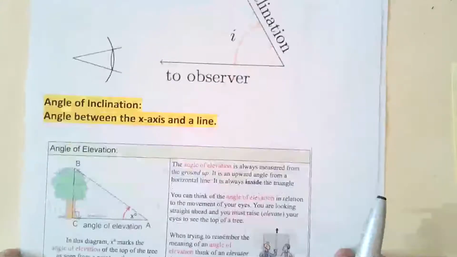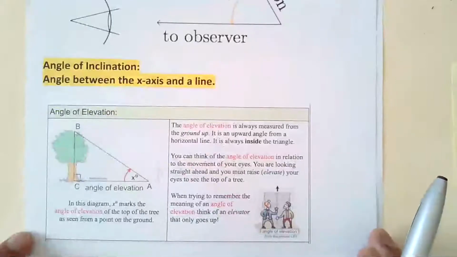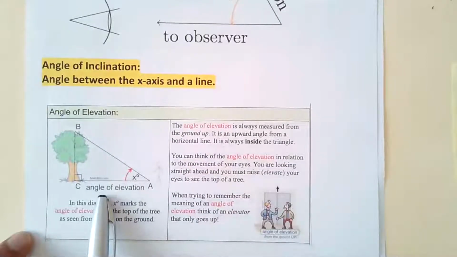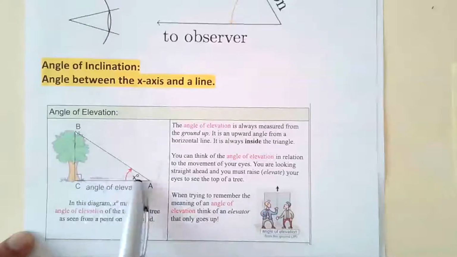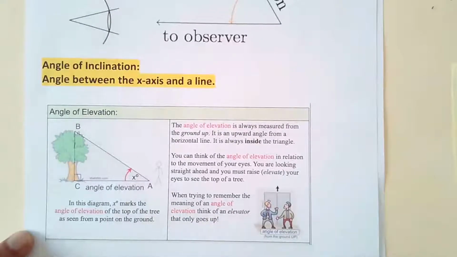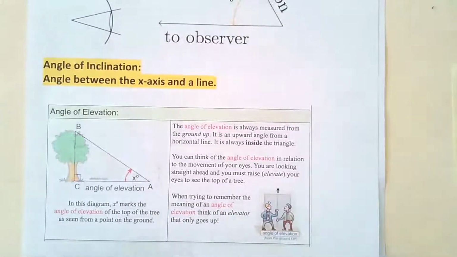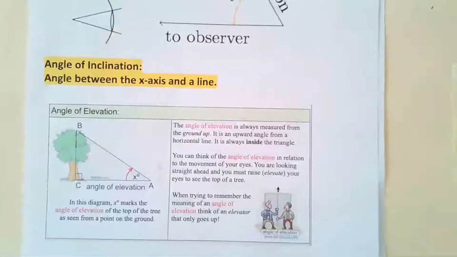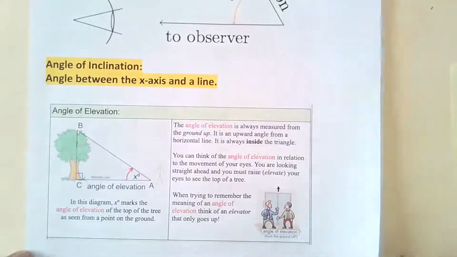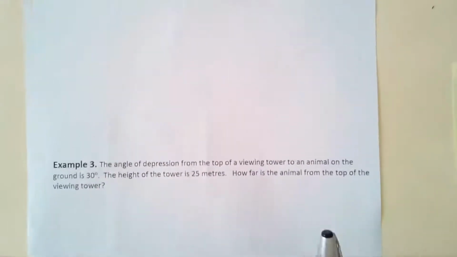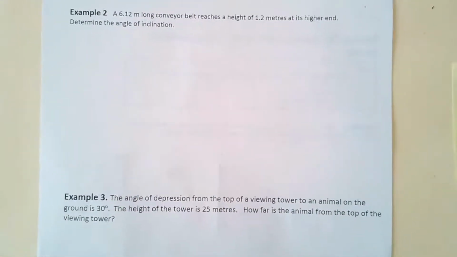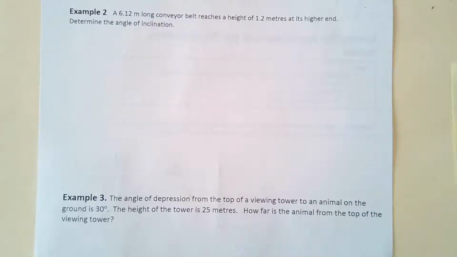If you look at the example of angle of elevation, you will see it's the same, from the ground going up. Inclination is always from the ground level, or the observer's point of view, going upwards. So that's inclination. Let's go back to our question, and this will make more sense once we do it.